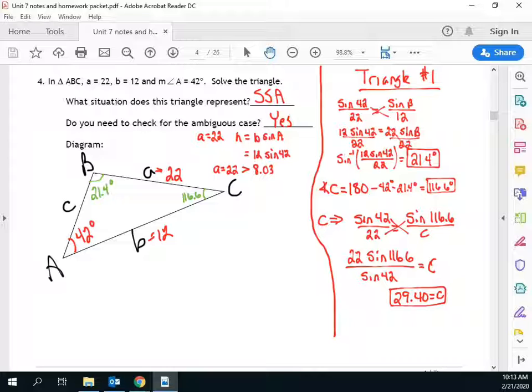So what we do now is this. You take the first angle we found. What's the first angle we found, guys? 21.4. So you take 180 and you subtract it from the first angle you found. This is to find the second triangle.